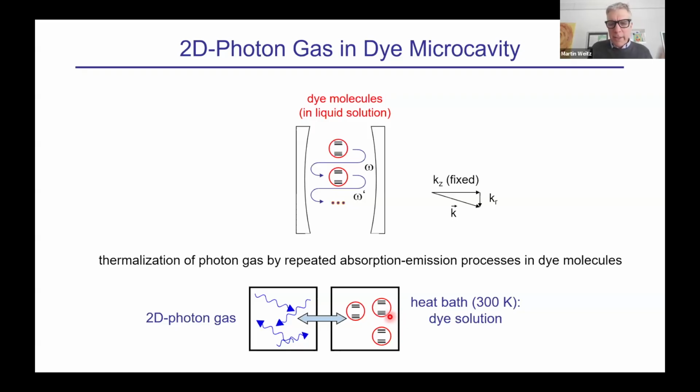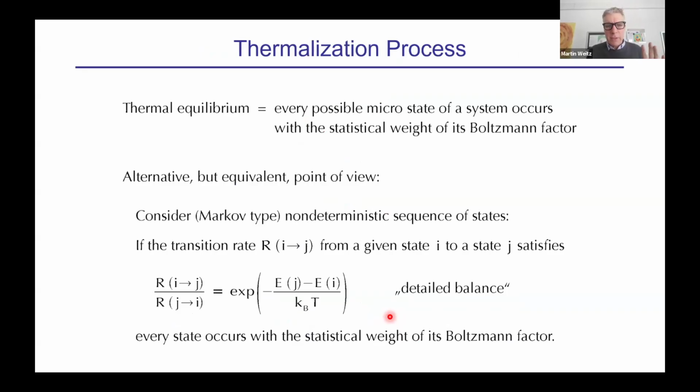So in these next 5 slides, let me talk in more detail about the thermalization process. What thermal equilibrium means, of course, is that every microstate of a system occurs with a statistical weight determined by its Boltzmann factor.